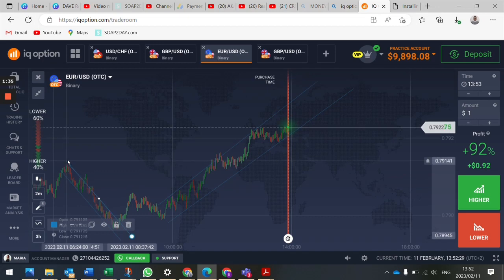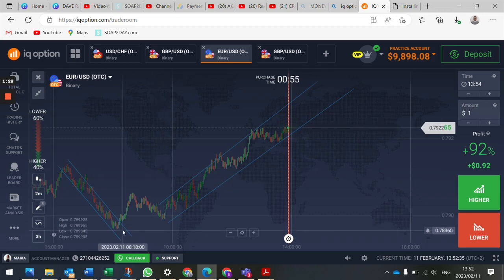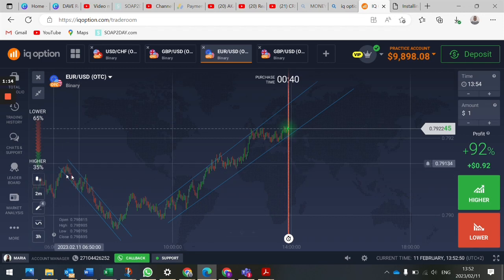So what do these lines mean? These are technical analysis lines that can help you find a pattern within the market. As you can see, you would have to wait to see where the trend is going to be moving. Starting from here, when it started, there was a trend of the market going down.